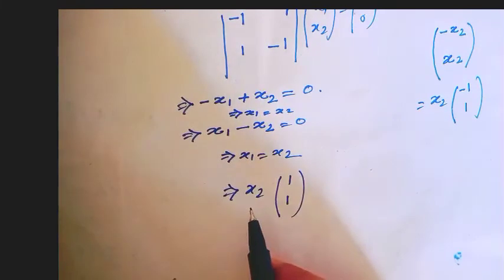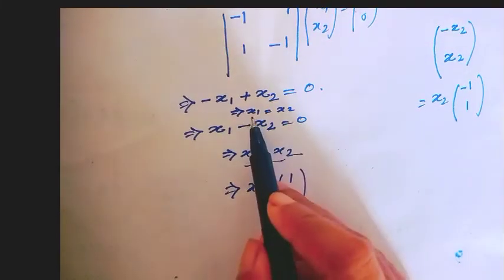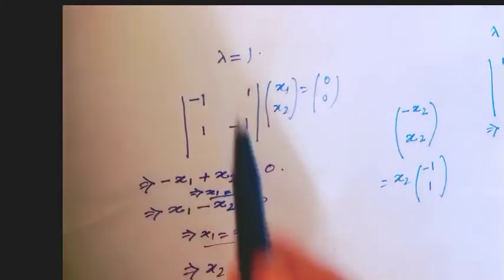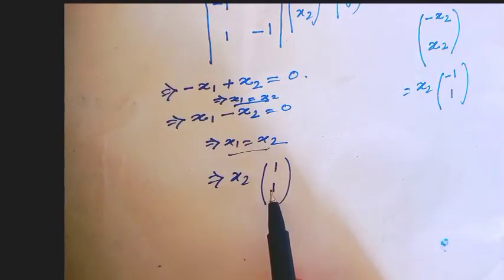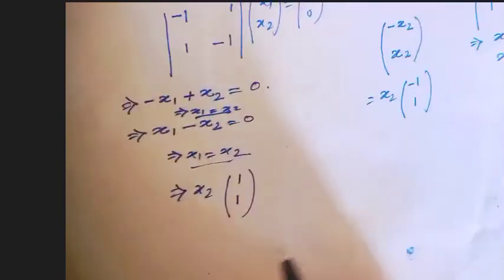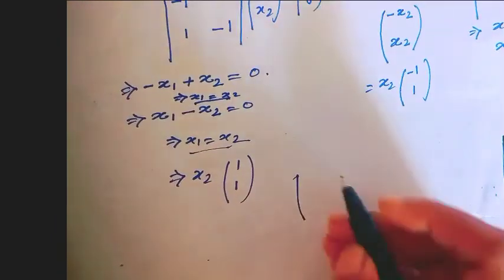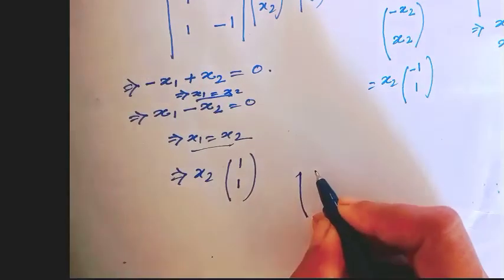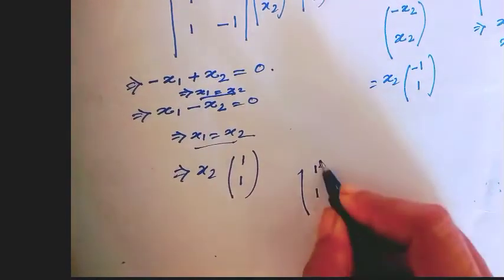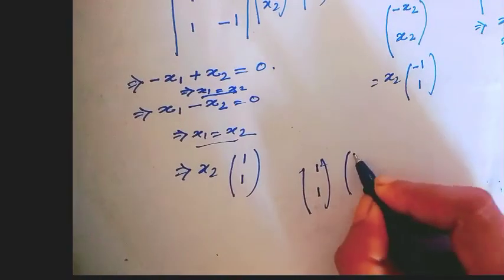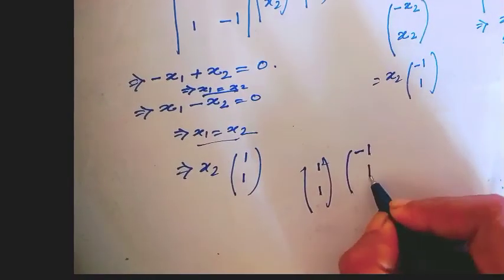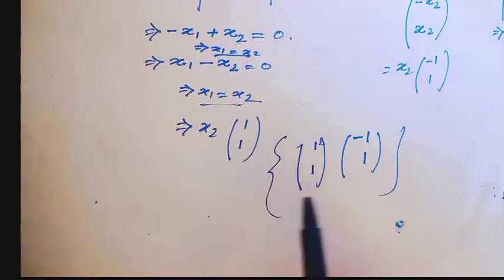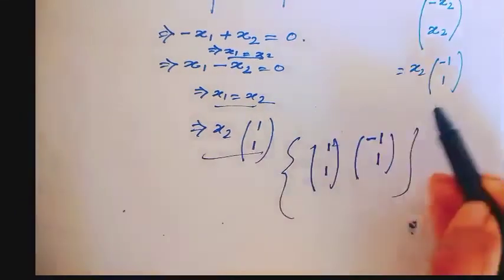Therefore for lambda equal to 1, the eigenvector would be 1 1. That means there exist two eigenvectors. For lambda equal to 1, the eigenvector is 1 1, and for lambda equal to minus 1, the eigenvector is minus 1 1. And notice here the eigenvectors are mutually orthogonal to each other.